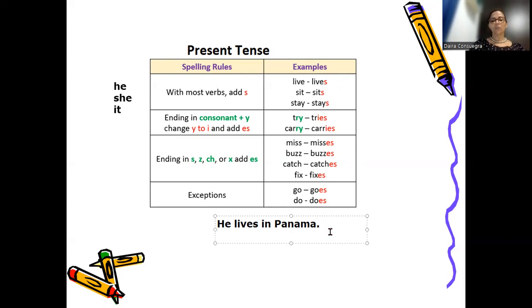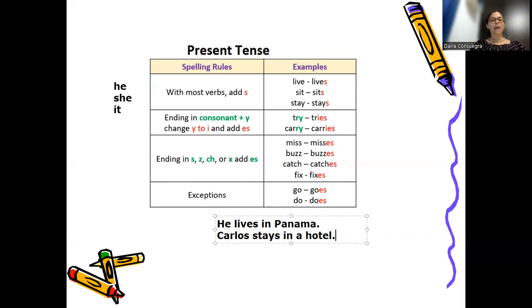But you can also say Carlos stays in a hotel. Okay? The verb stays. Why S? Because we're talking about Carlos, and Carlos represents the pronoun he. So every time that we're talking about one person, singular, which is él, ella, the verb needs the S. That's in that case.